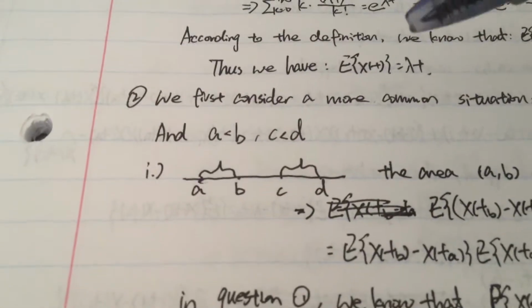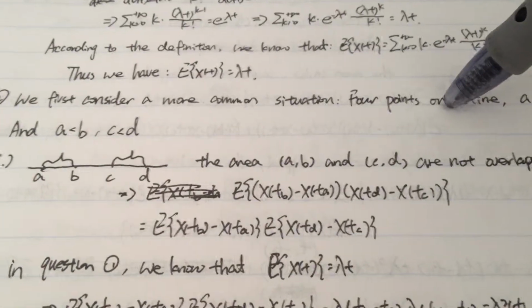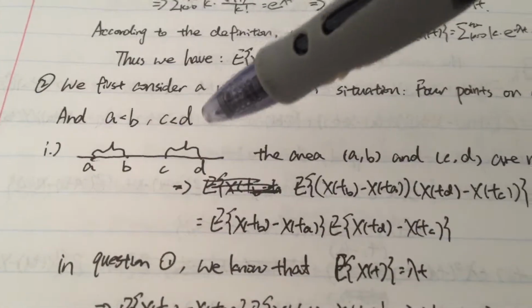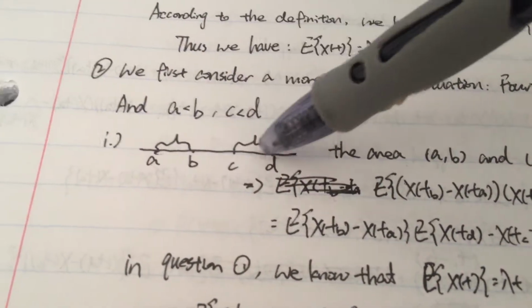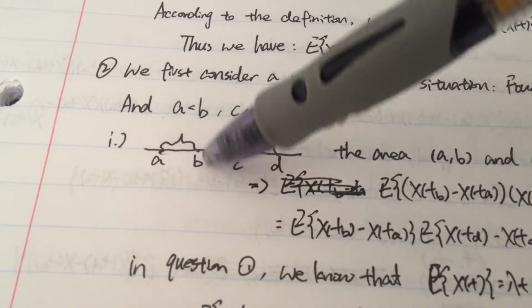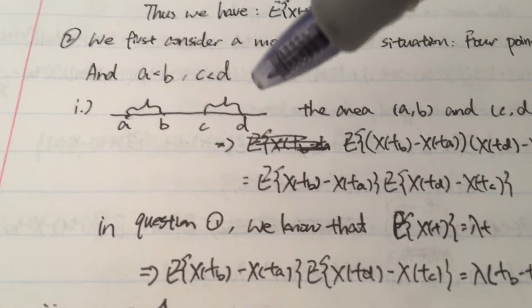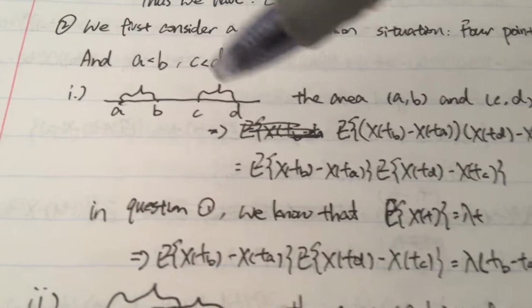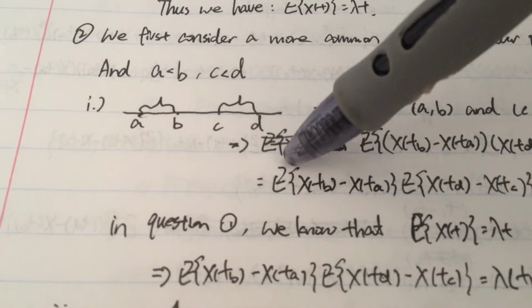Well, to deal with the second question, we should consider a more common situation first. We think of 4 points on a line, A, B, C, D, and in the first situation, A, B, C, D are non-overlapped, so that TB minus TA and TD minus TC are independent.